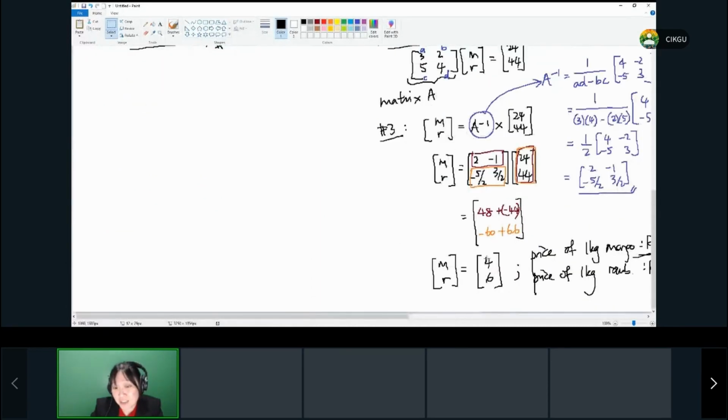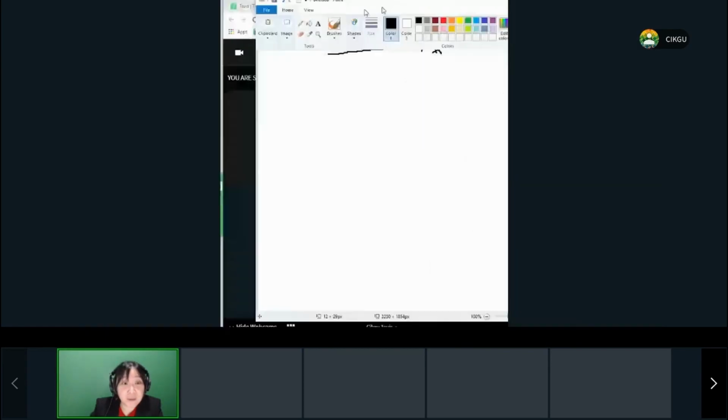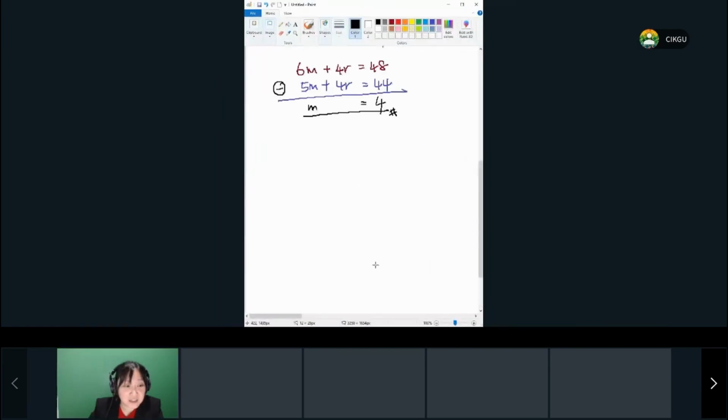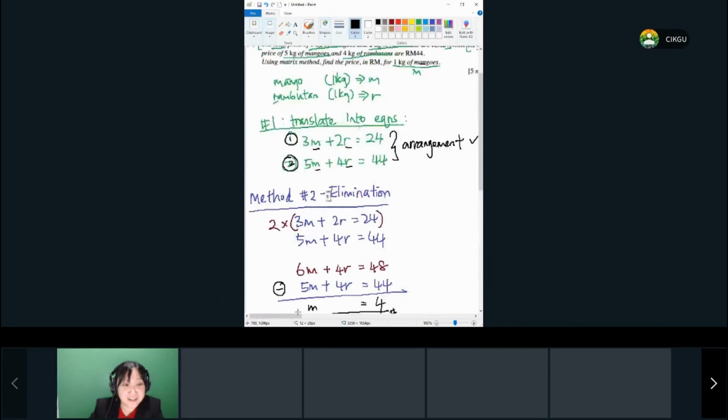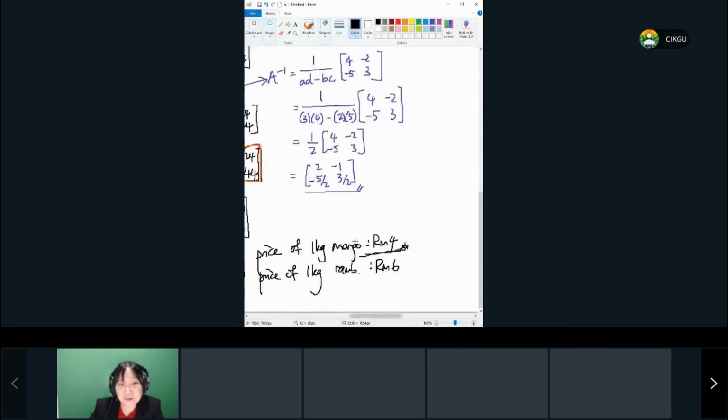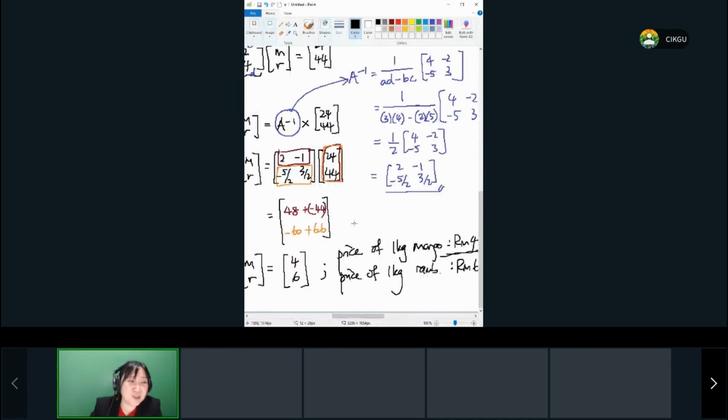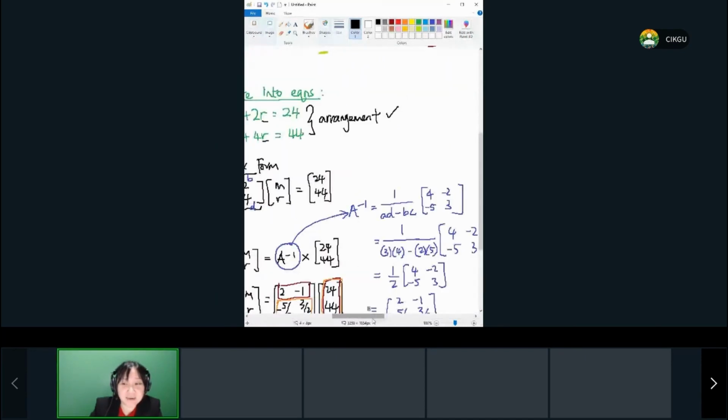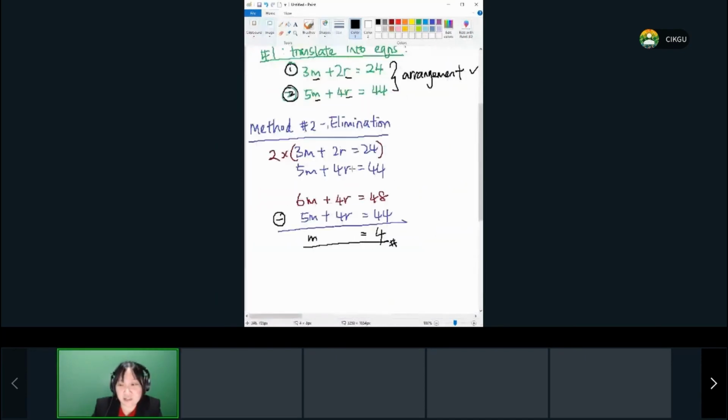You see, you get the same answer. Matrix form, you get the same answer. Mango $4. Need to do so much to get to the same answer. This one, 4 steps done. So short only.